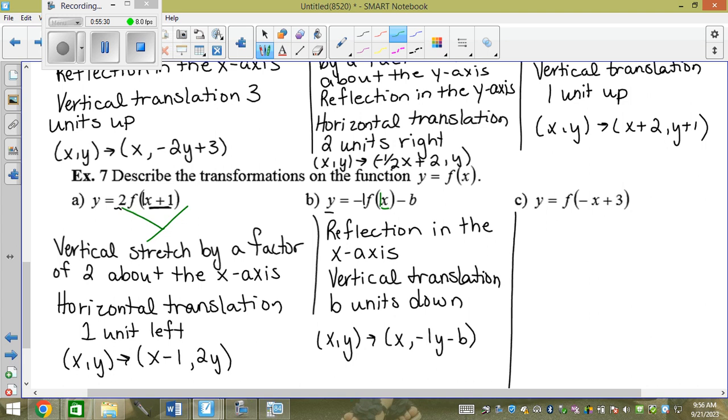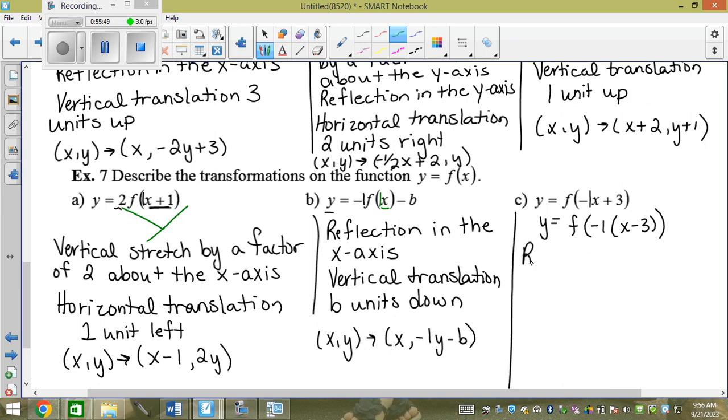This one, it's in y equals, and I have a -1 in front of my x. So I have to go y equals f, take the -1 out, it's x minus 3. Do you see how it's still with the x though? So it's not a reflection in the x-axis, it's actually a reflection in the y because it's with the x.